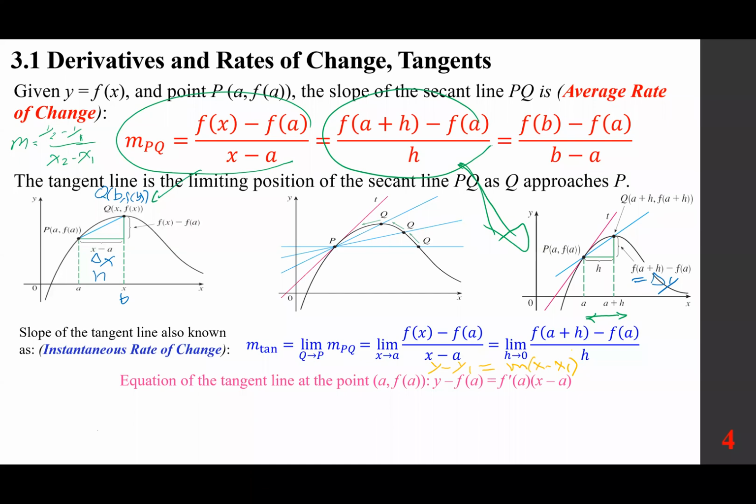So what I'm telling you, when we say y minus f of a, class, what is f of a? Y sub 1. When we say f prime of a, it's m. X minus a. What is a? X sub 1. The point being, it's the good old point slope, everybody.